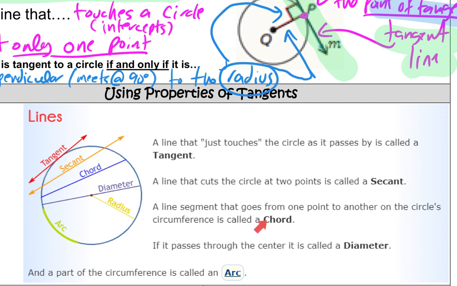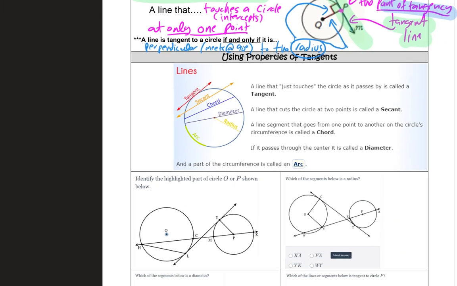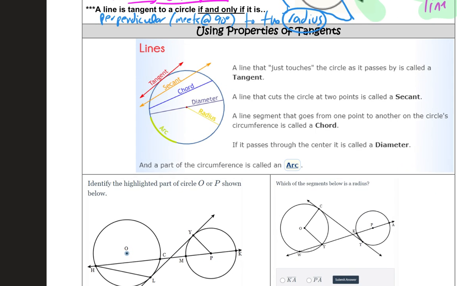And we'll talk later about a chord, which is one that does not pass through. It just has endpoints, one point on the circle and the other one. And if it passes through the center, it's called a diameter. We talked about a radius, and now we're going to talk about an arc as well today. Our arc is just part of the circumference.